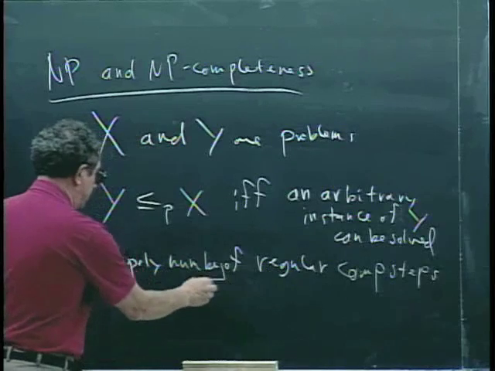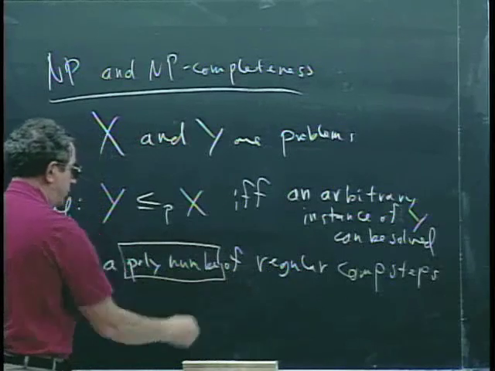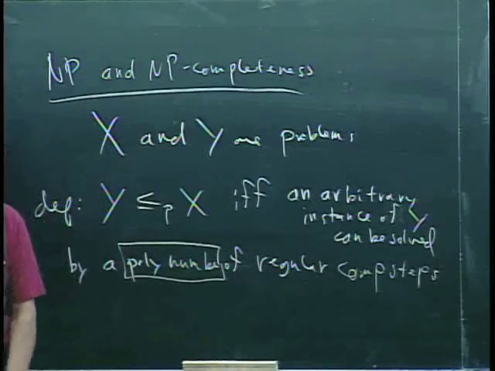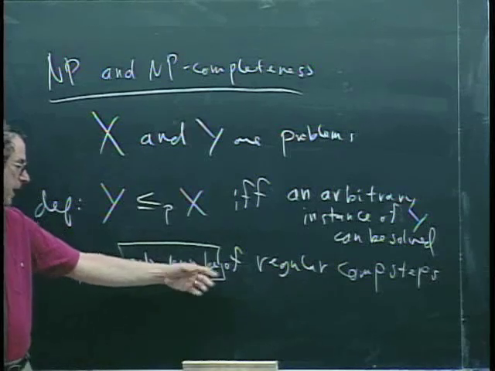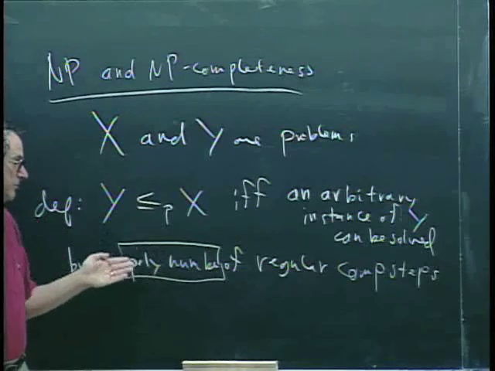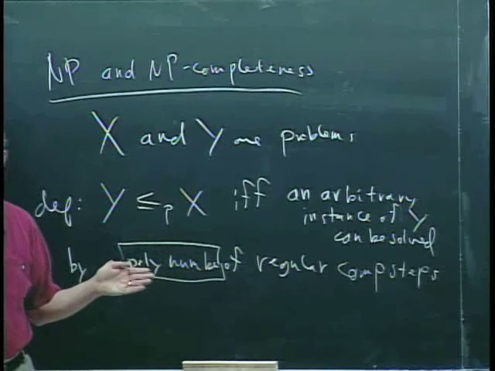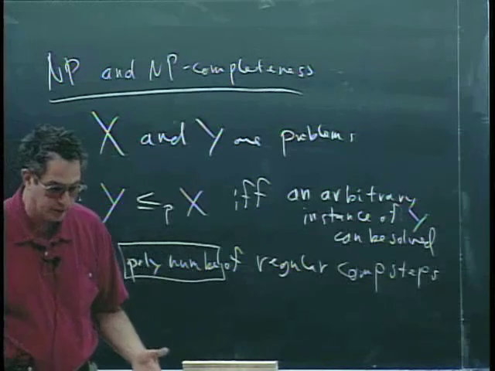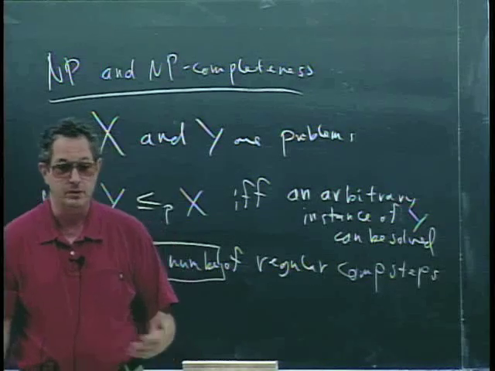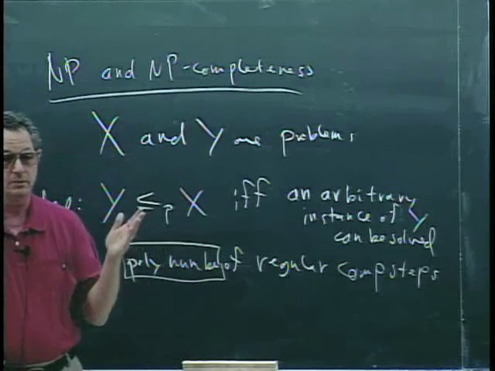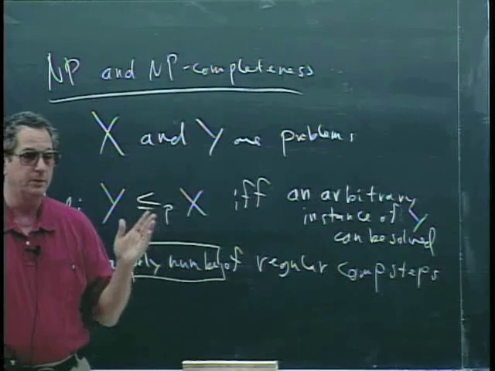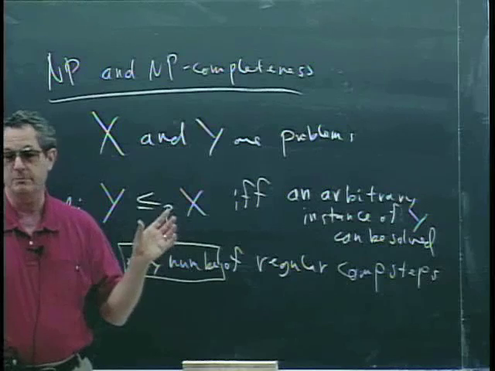And when I say here a polynomial number, that's shorthand, polynomial number, really for a number which is bounded by a polynomial function of the input size. Just as when we talk about an algorithm's running time being polynomial, what we mean is that its running time is bounded by a function that's a polynomial function of the input size.